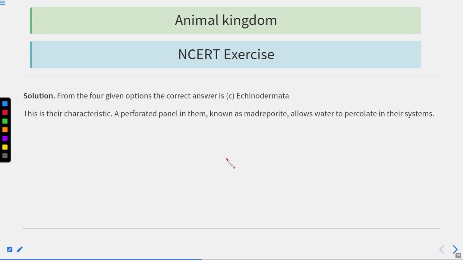From the 4 given options, the correct answer is C, Echinodermata. So this is the solution, and this is their characteristic. A perforated panel in them known as the madreporite allows water to percolate in their system. So this is making the water vascular system actually.